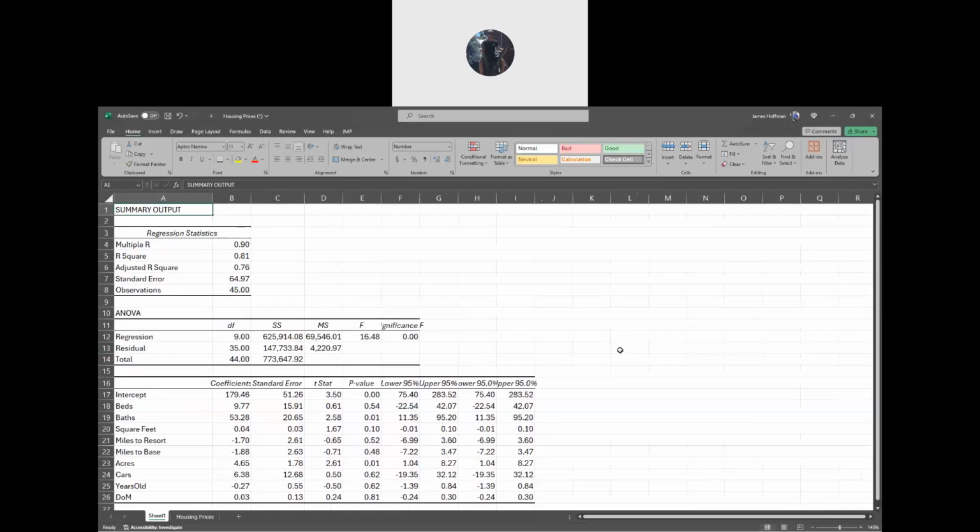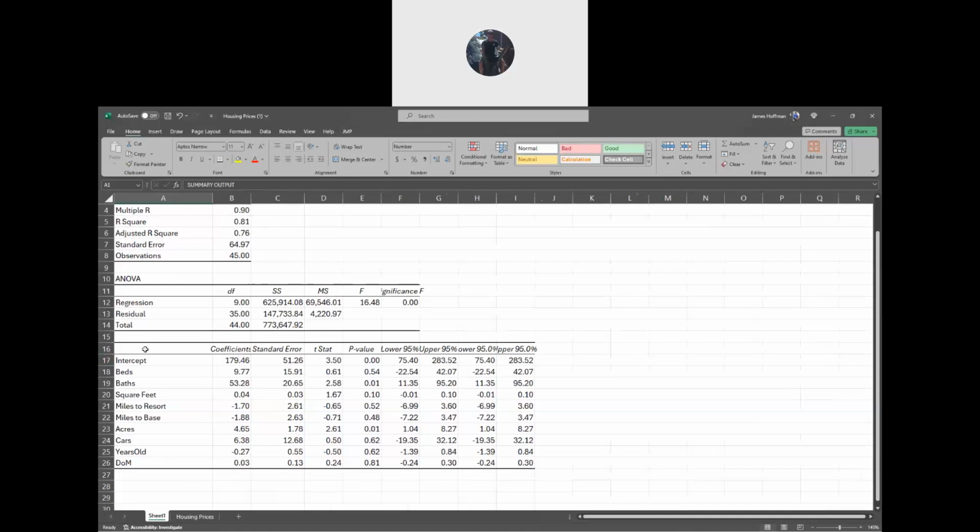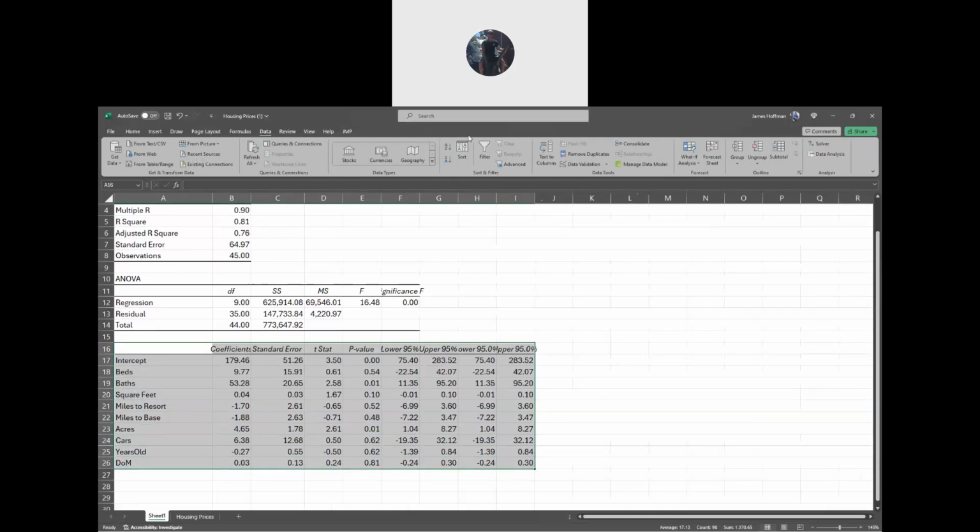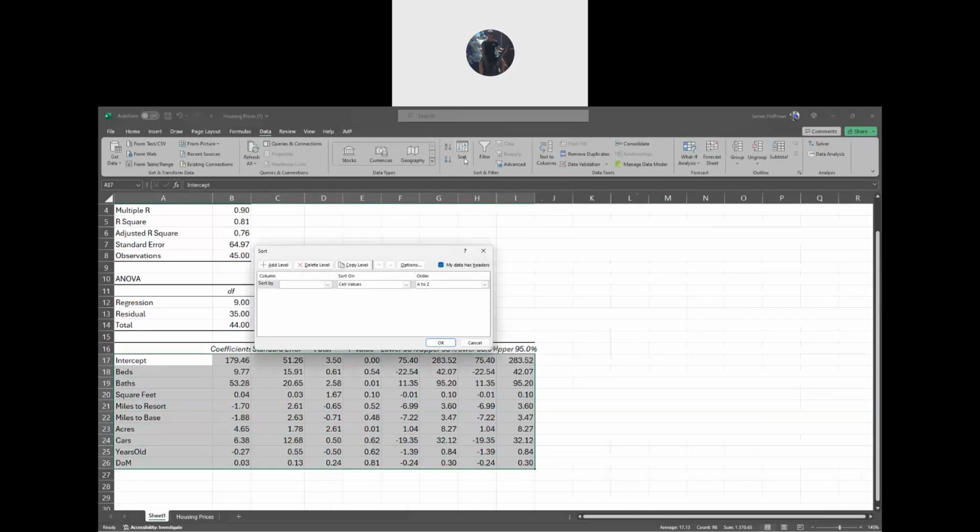Okay. So why don't we choose this range, A16 to I26, and do Data tab, Sort, and you can sort by t-stat.